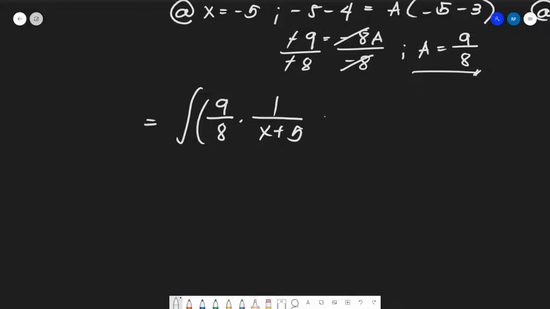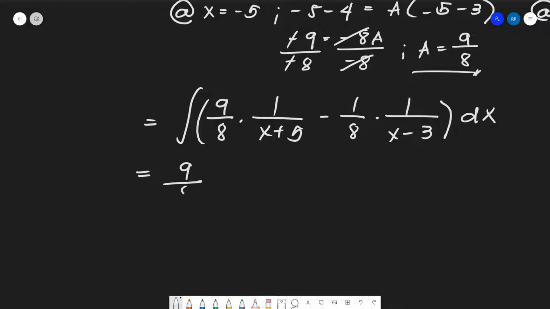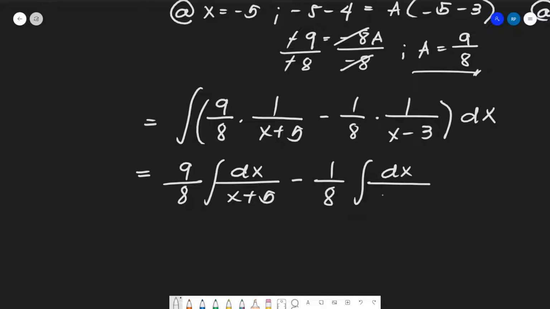Okay, for b, we have negative 1 over 8 times 1 over x minus 3 dx. Okay, so we have 9 over 8 times the integral of dx over x plus 5, then minus 1 over 8 integral ng dx over x minus 3.